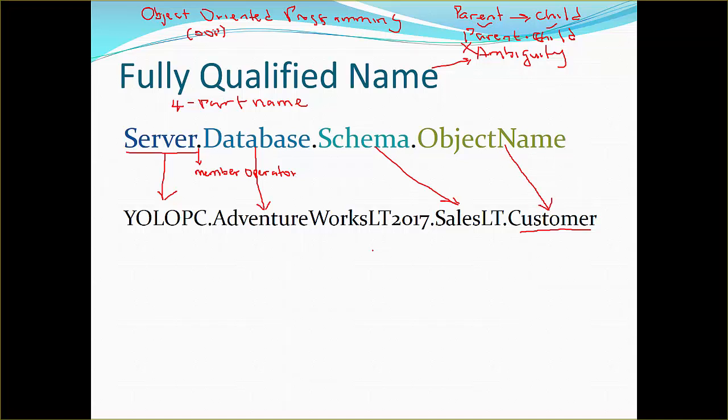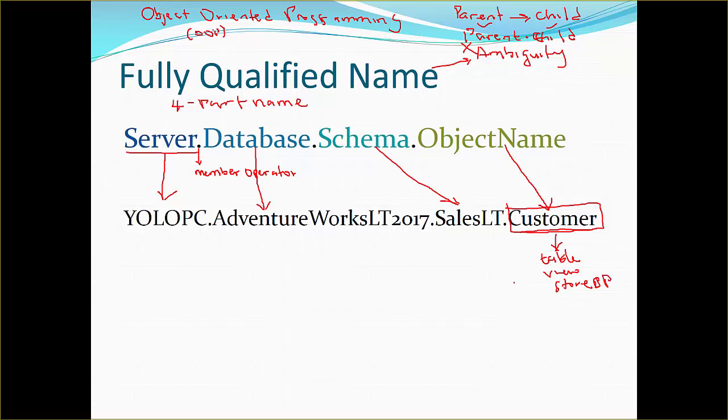The object, in this case, is the customer table. You can have so many objects: views, stored procedures, functions.